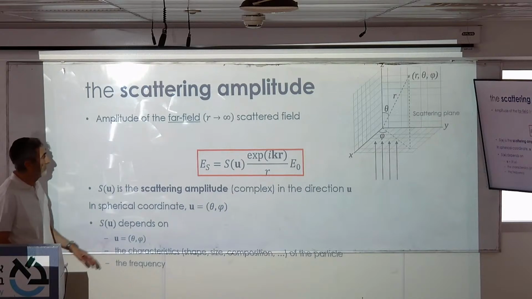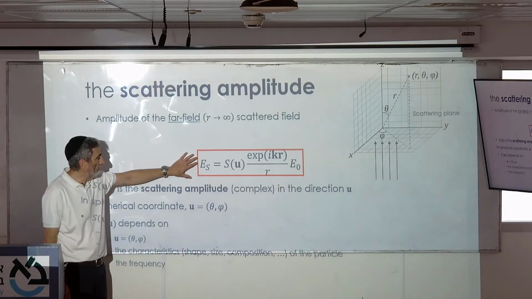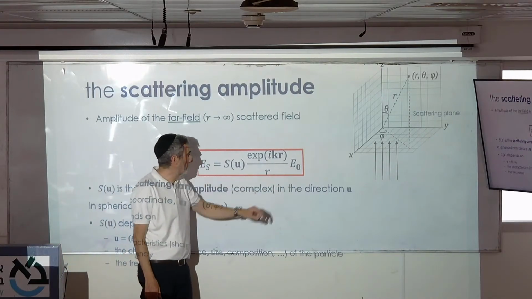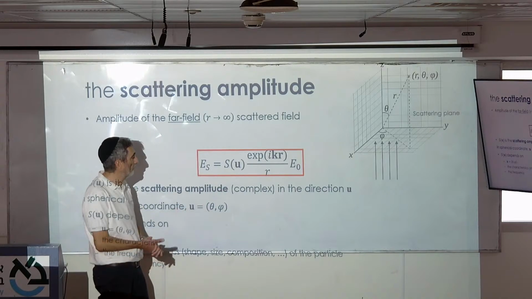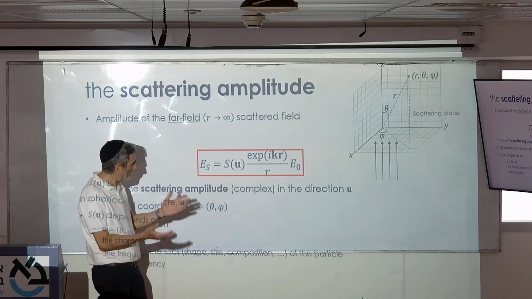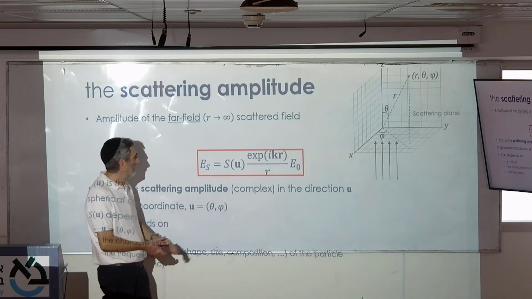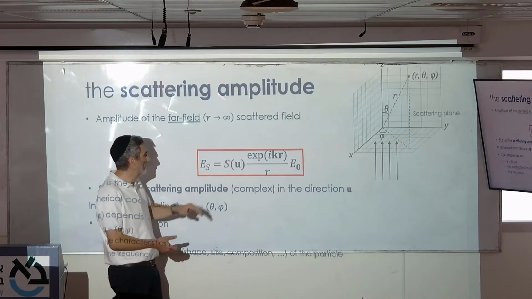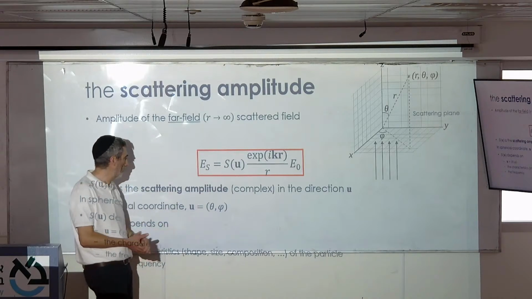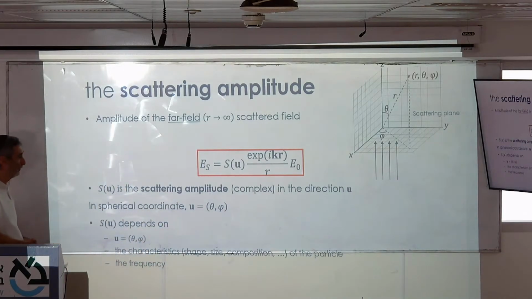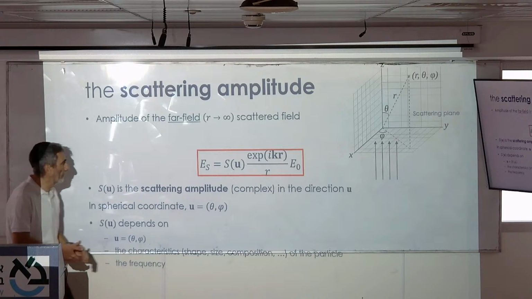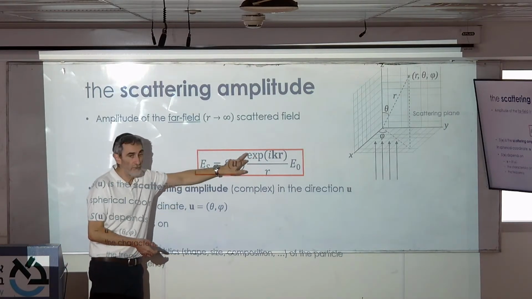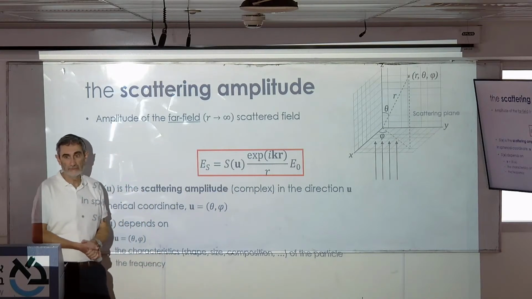The scattered field is the incident field amplitude times this function S of u, where u is theta phi, so S is the scattering amplitude. So what is the meaning of this function? If I just hide that, what does this function here describe?